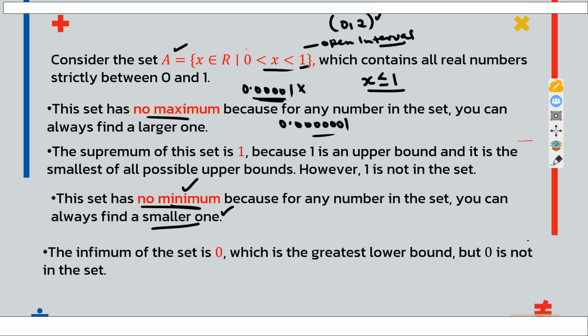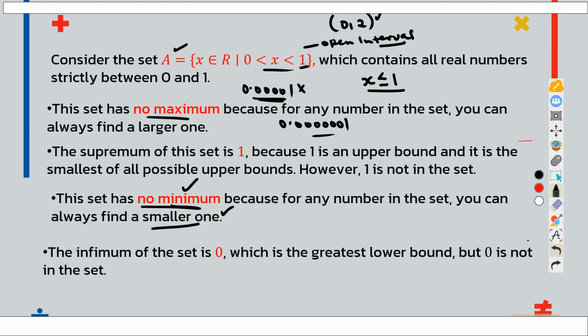So 0 qualifies to be the greatest lower bound, because all other numbers in this set will always be greater than or equal to 0. And likewise, there are very many other lower bounds, but 0 is the greatest, because -1, -0.5, -2, all those qualify to be called lower bounds, but 0 will be the greatest of them.